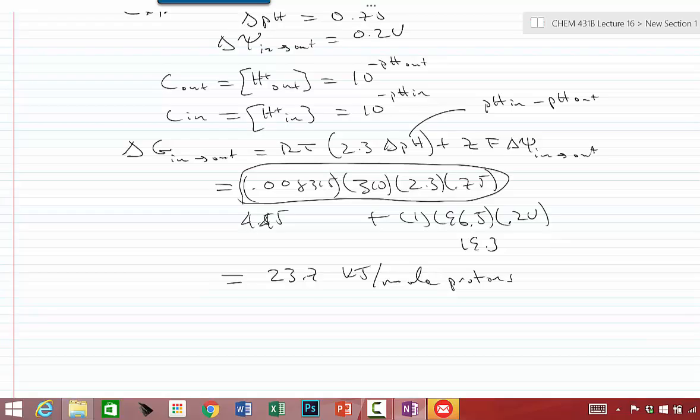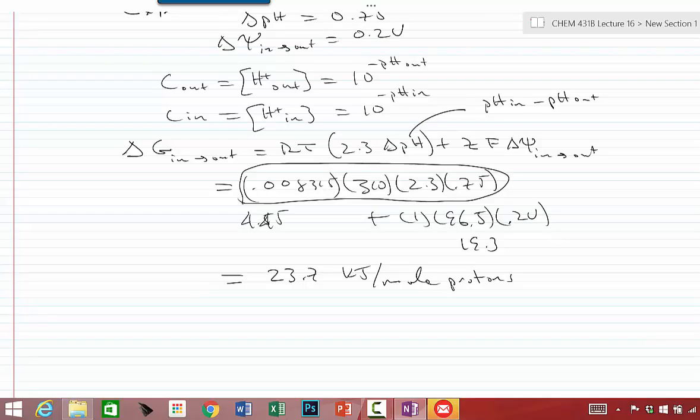And it's a positive number because we're pushing those protons out from the inside of the matrix to the outside of the matrix. And we know the outside has more protons on it, so it takes energy. It's an endergonic reaction. It's beautiful how the math contributes to our understanding of this.